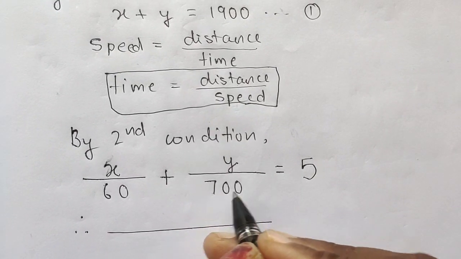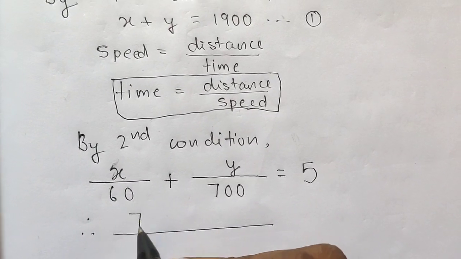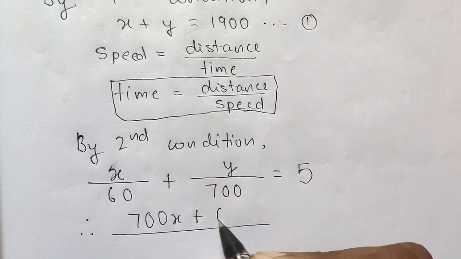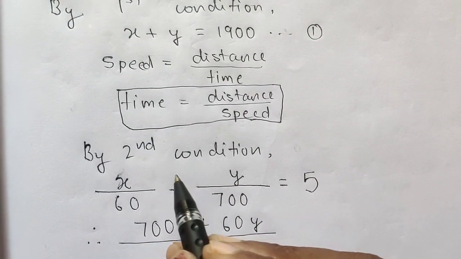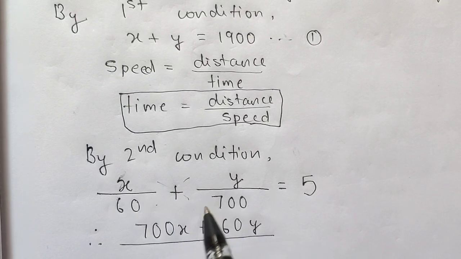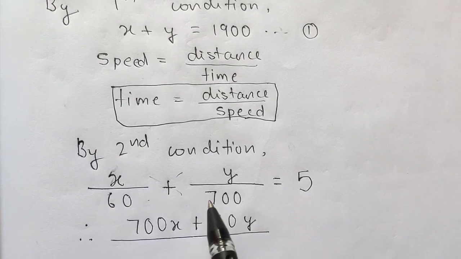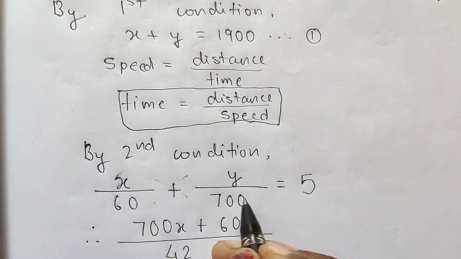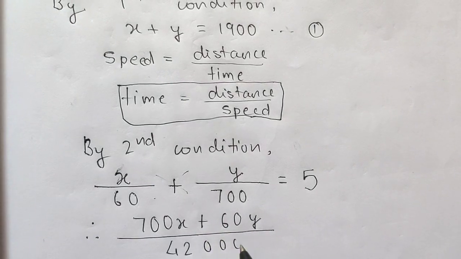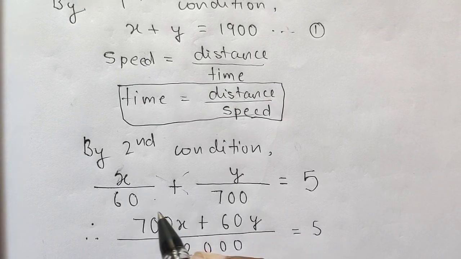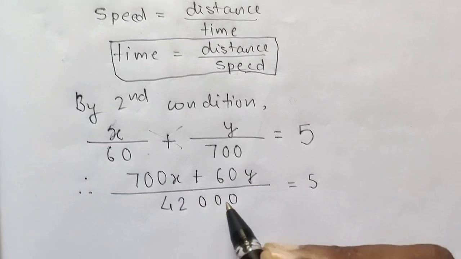So this becomes 700 into x, so you are getting 700x plus cross of this gives you 60y. See, we have done cross this way and now this way also. Now see how to do this. 6 7s are 42 and you know how many zeros are there? 3 zeros. Got it now? 6 7s are 42 and 3 zeros I have written.